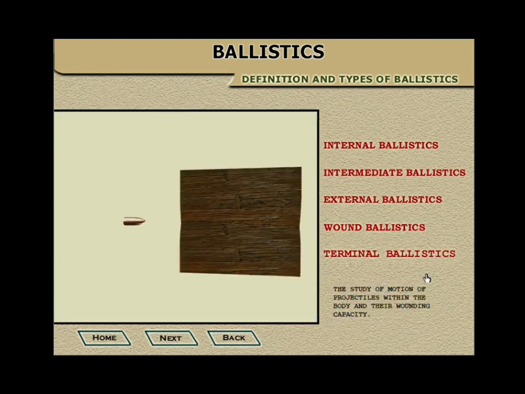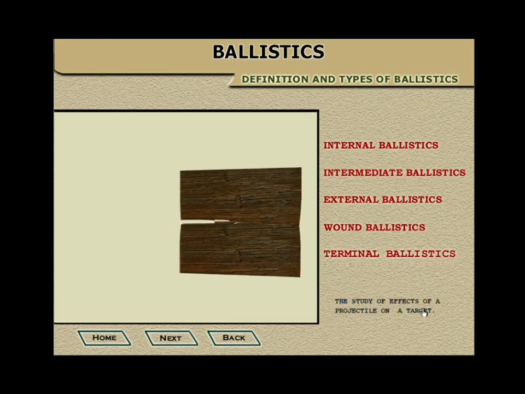Wound ballistics: study of motion of the projectile within the body and their wounding capacity. Terminal ballistics: study of effect of a projectile on the target.